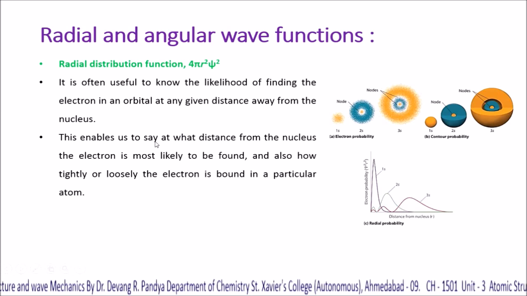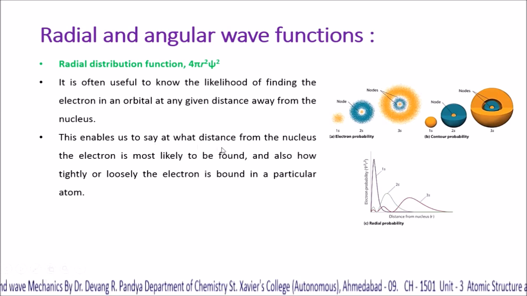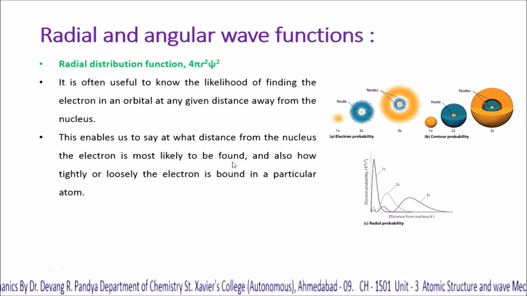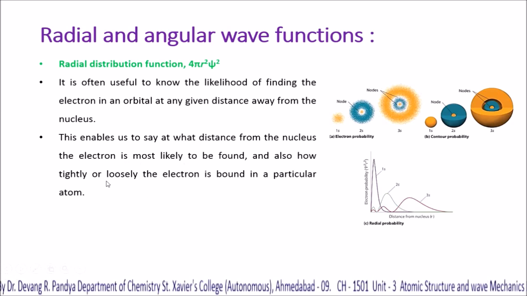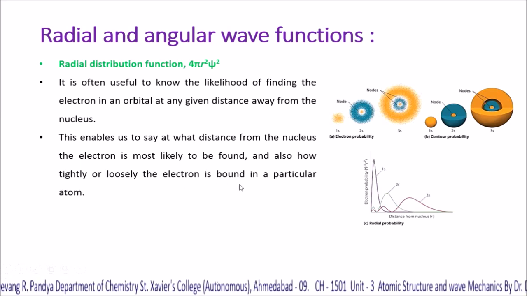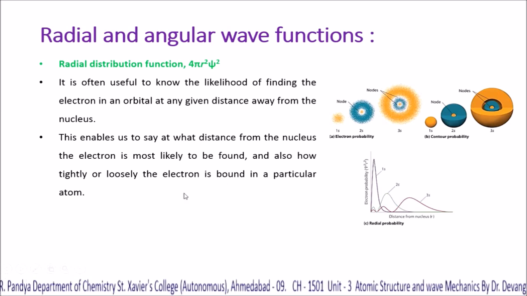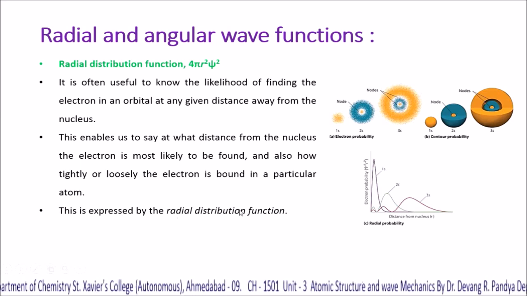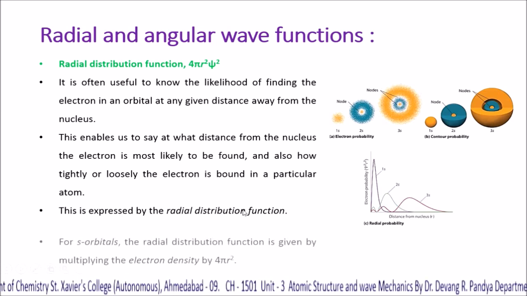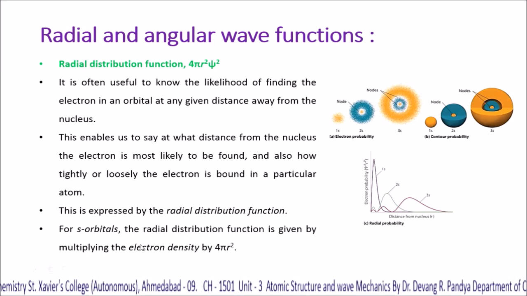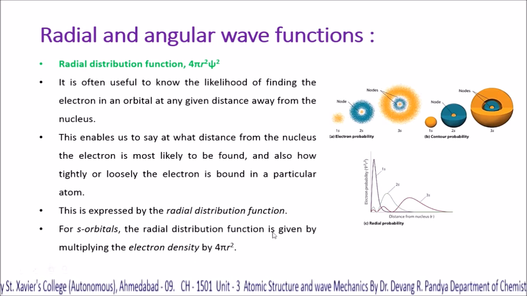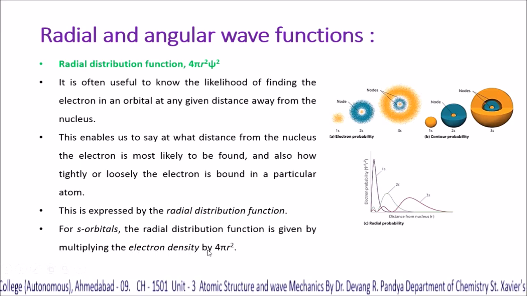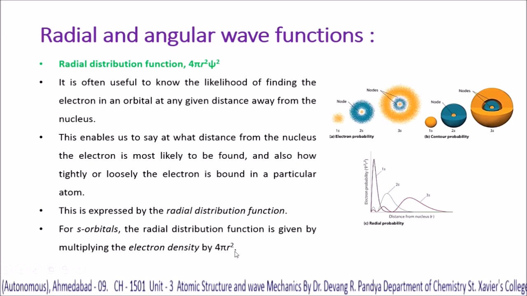This enables us to say at what distance from the nucleus the electron is most likely to be found, and also how tightly or loosely the electron is bound in a particular atom. This is expressed by the radial distribution function. For an s orbital, the radial distribution function is given by multiplying the electron density by 4 pi r squared.